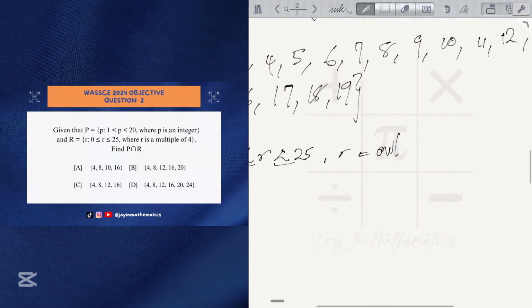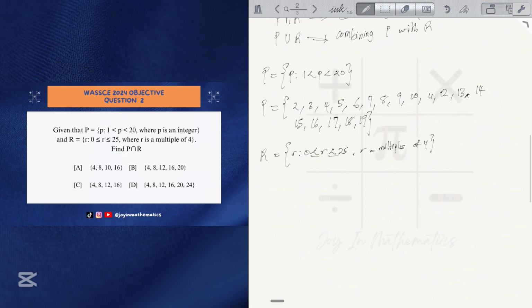R starts from 0 because R is greater than or equal to 0. Looking for the multiples of 4, the first multiple of 4 here will be 4.